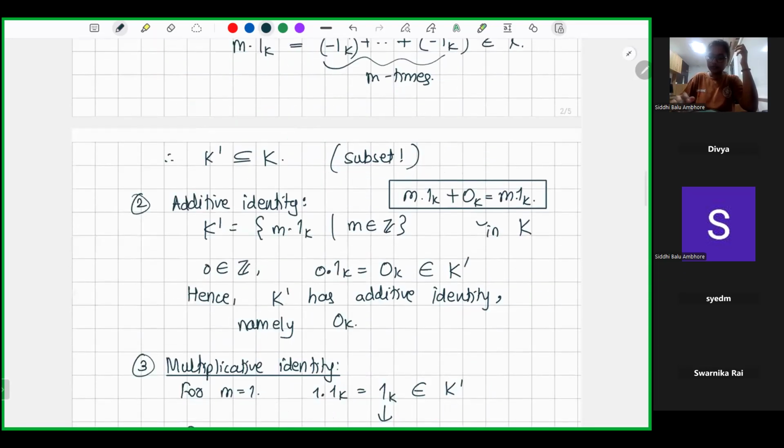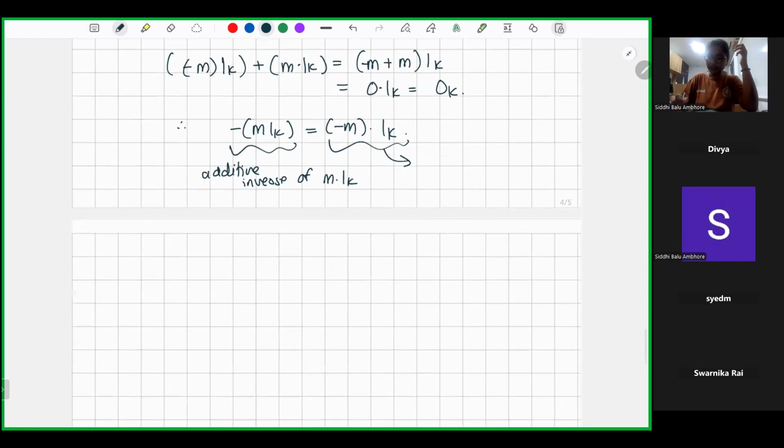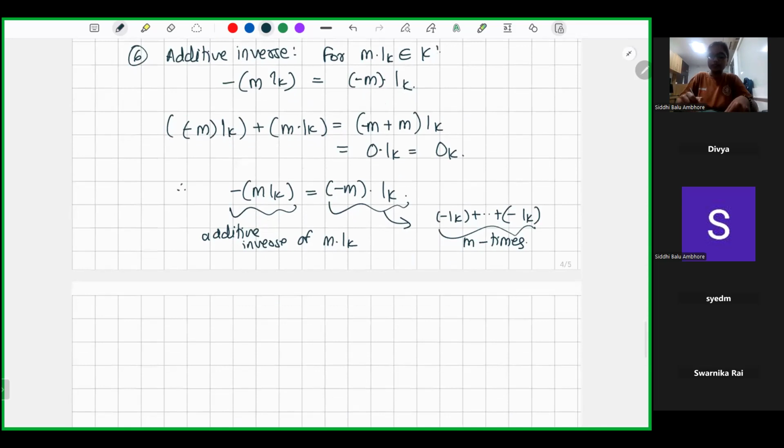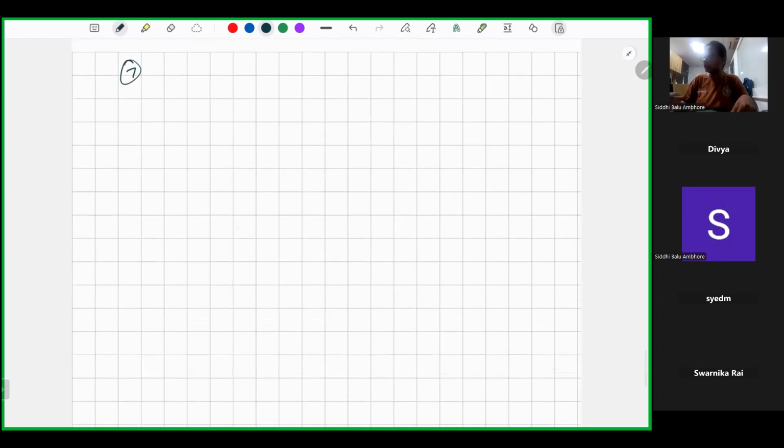So when I'm writing this, this is actually minus 1k, m times. Okay, so I just wanted to point out that these two things, though they are equal, represent different things as notation.